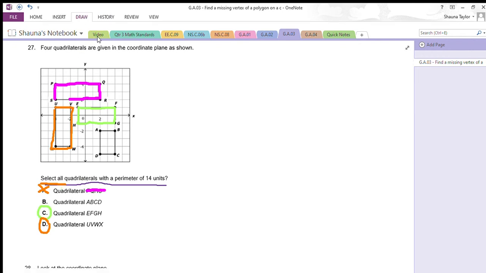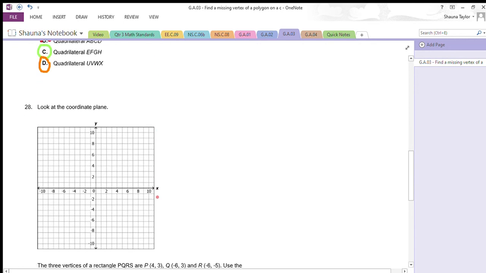Now we have one more over here. And let me go ahead and do it in red. Let's count. Ready? 1, 2, 3, 4, 5, 6, 7, 8, 9, 10. That does not work, so B is not an answer. So for this problem, when it said select all the quadrilaterals with a perimeter of 14 units, the only ones that worked were letter C and letter D.